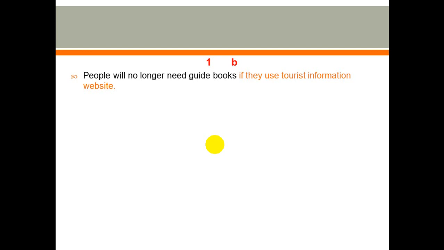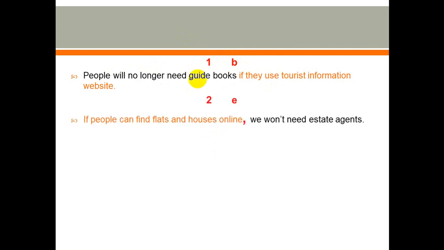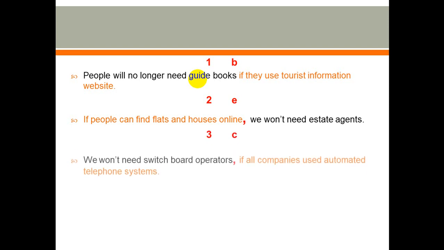Number one is B. People will no longer need guidebooks if they use tourist information websites. 2 is with A. If people can find flats and houses online, we won't need estate agents. 3C.